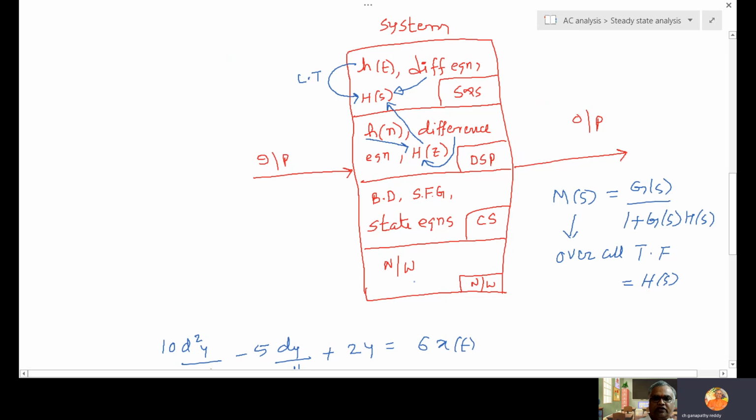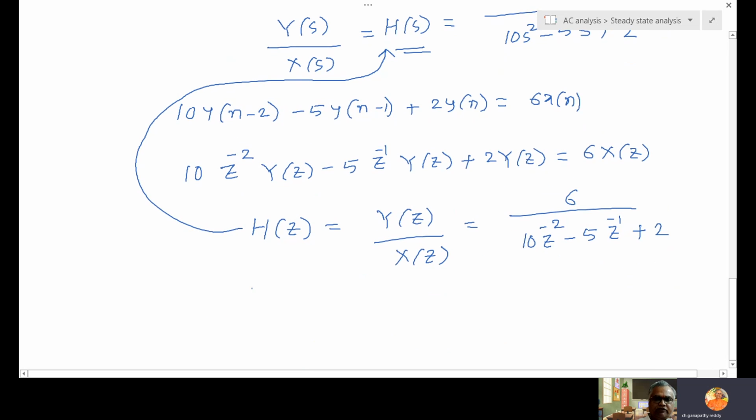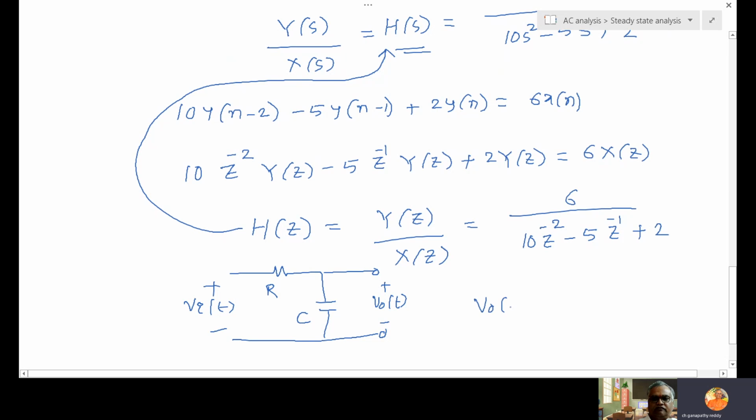The last one: if a network is given, maybe some resistor and capacitor, just one example I am taking. Capacitor and resistor. This is Vi of t, time domain, V naught of t. But I want the transfer function, V naught of s by Vi of s, in the S domain.